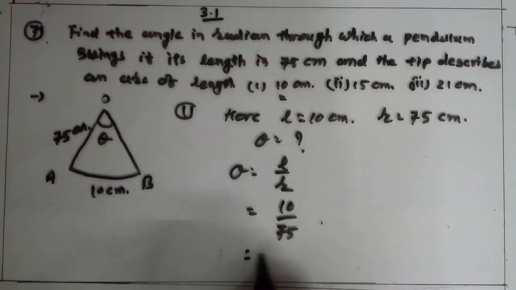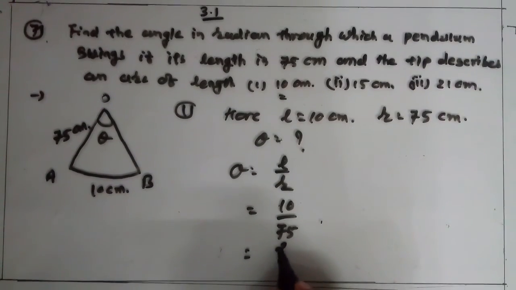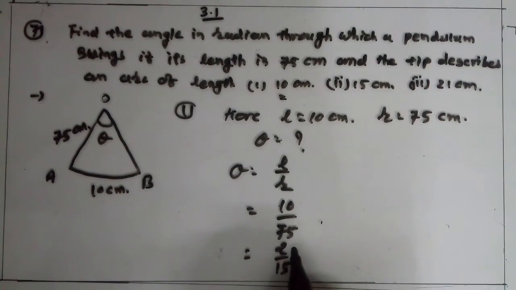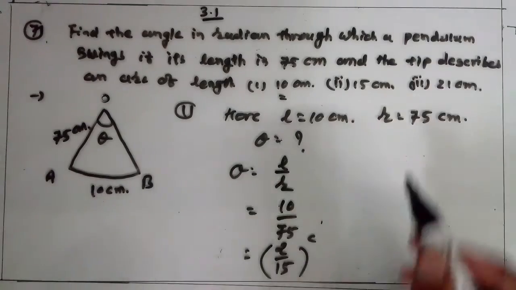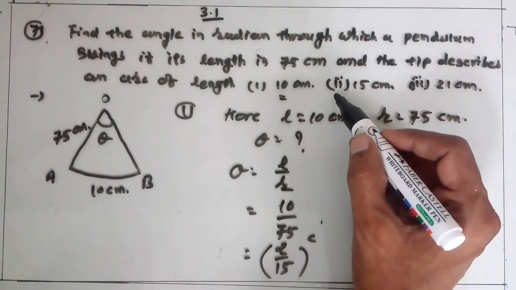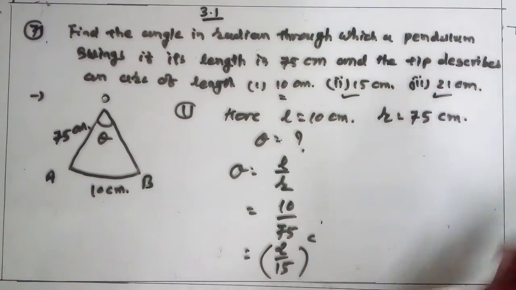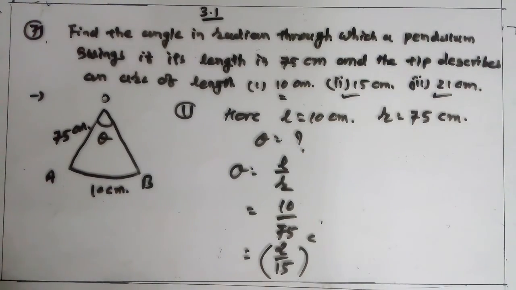Divide by 5 into both numerator and denominator, so we get 2 upon 15 in radian form. Clear this? Similarly, applying the same method, we solve this for 15 centimeter and for 21 centimeter length of arc. Clear? Now the remaining topics we will discuss in the next lecture.